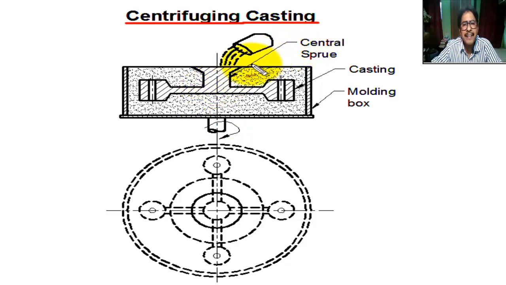Here, this is the central spool where molten metal is poured in this passage. This is the pouring basin. This is the gate.